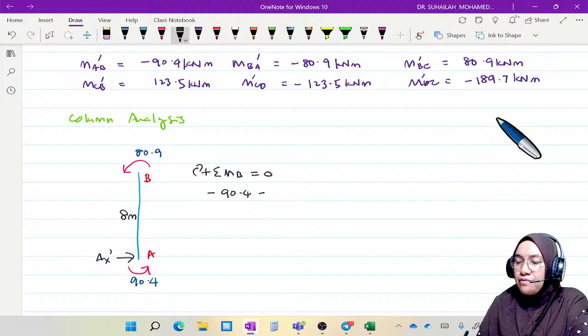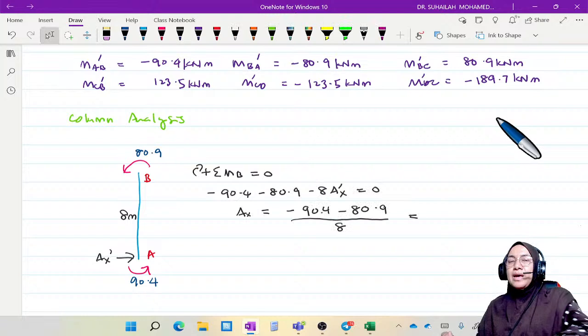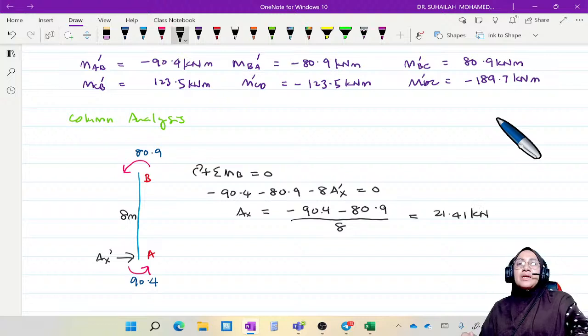So we get AX equal to negative 90.4 minus 80.9, divided by 8, which gives 21.41 kilonewton. That is for column AB.